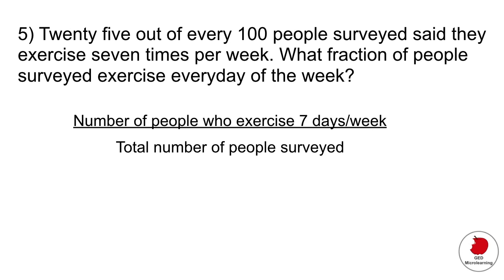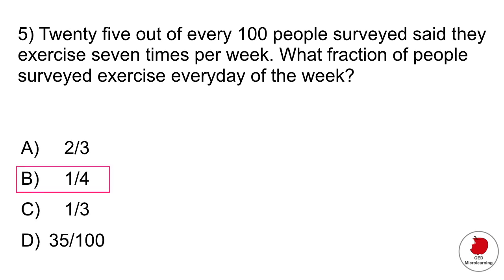So first of all, at the bottom we have the total number of people that was surveyed, which was 100, and then we specifically want to know how many of those 100 people actually exercise 7 days per week, which they've told us is 25. Okay, so your fraction would be 25 out of 100 people. And then all you have to do is reduce this fraction, simplify it to 1/4. Answer B.